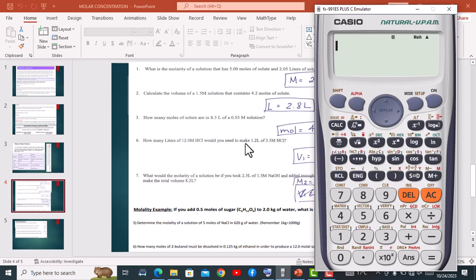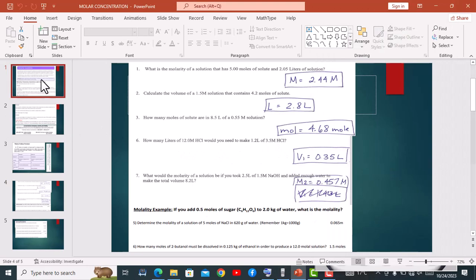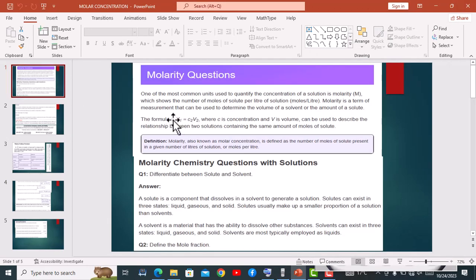Now there are two different things that are provided here. We are provided with the molar concentration of two different solutions, so we need to go for a formula, C1V1 equals C2V2. Very, very important that we use that formula.